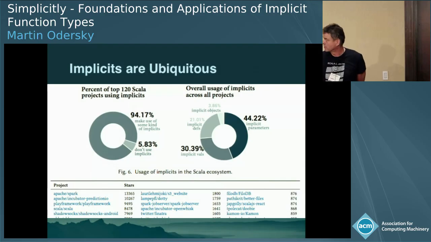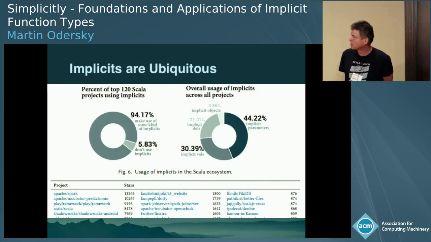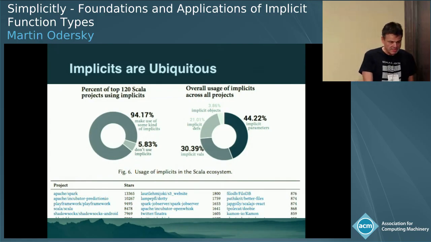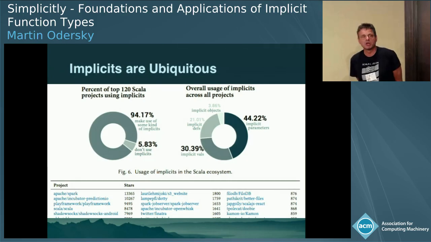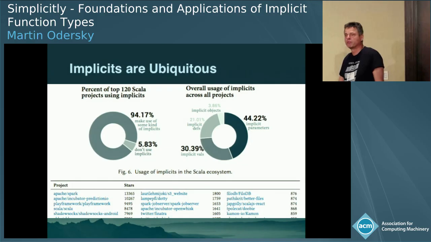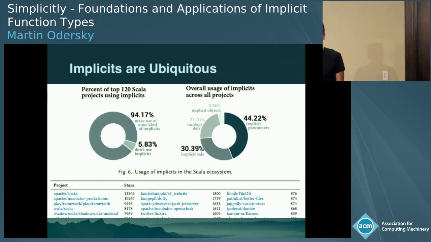So here's a graph of the top 120 Scala projects. And of those projects, 94% use some form of implicits. So it's fair to say that implicits are really used everywhere, and I would actually go a little bit further and say, if there's one feature that makes Scala Scala, it's implicit parameters.